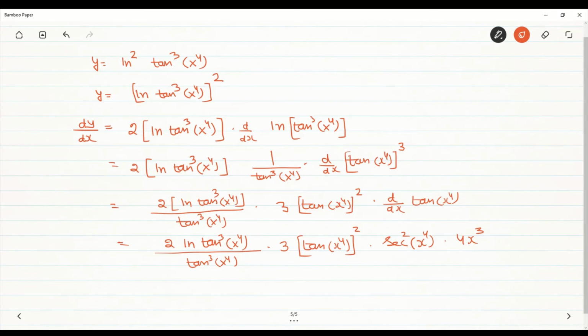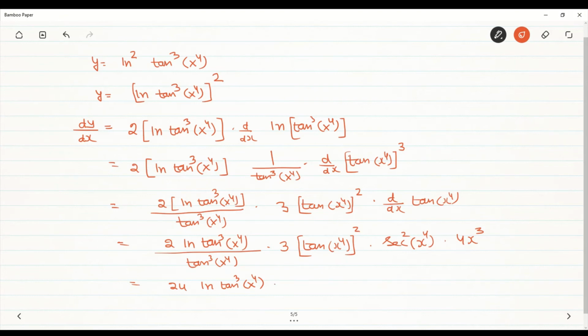Now let's combine all the terms together. 4 into 3 into 2, that should be 24. Then this ln tan cube x4 will remain as it is, and in the denominator I have tan cube x4.